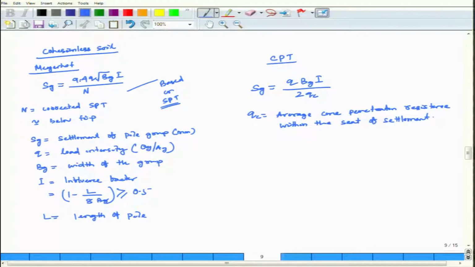So, this is about cohesionless soil, where Meyerhof has given a method based on SPT and based on CPT.